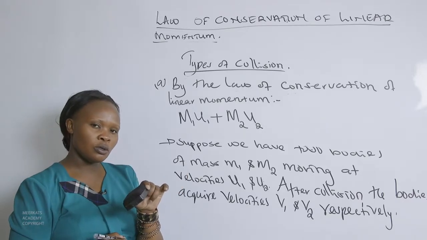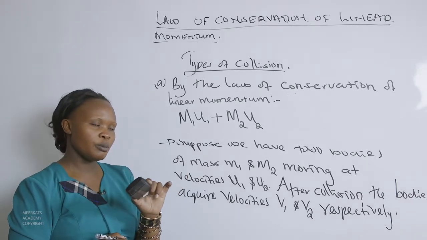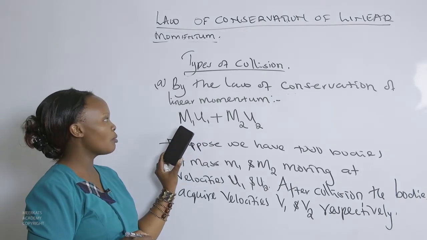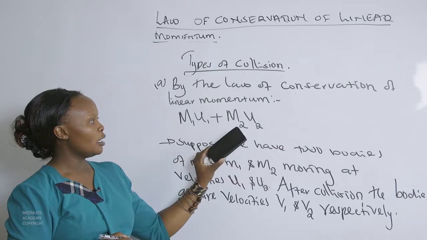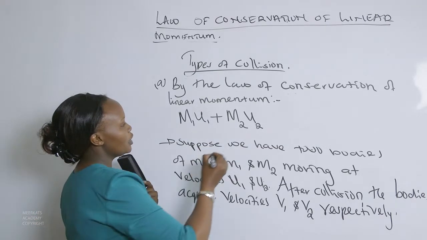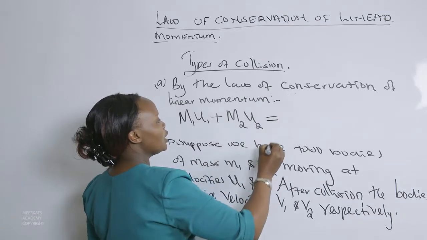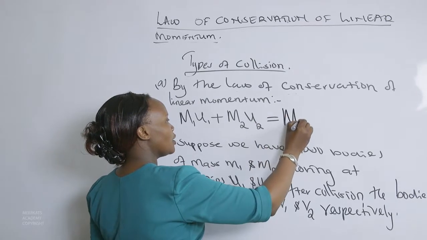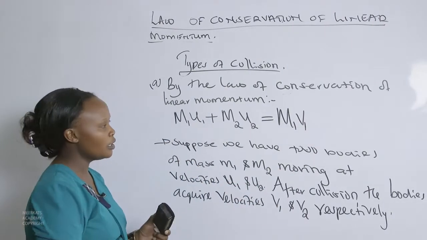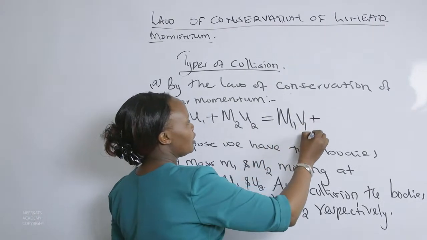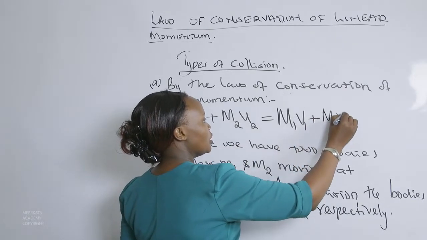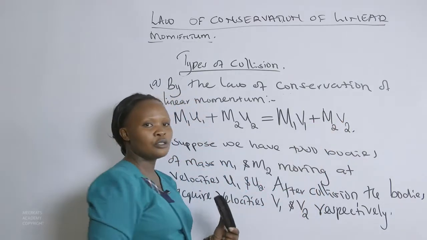Now, the total initial momentum will be given by the sum of the momentum of body 1 and that of body 2. Now after collision, m1 acquires a momentum m1v1, while body 2 acquires m2v2.